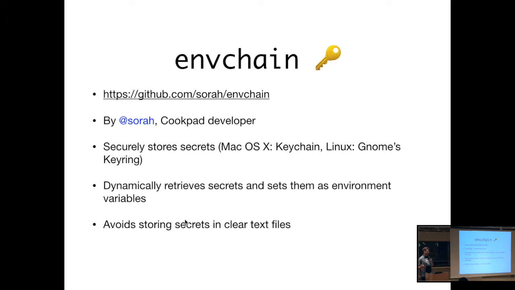I don't feel okay with having this file lying around on my hard disk unencrypted, which is why instead I'm using nth-chain, which is a small gem. Actually, I don't think it's a gem.